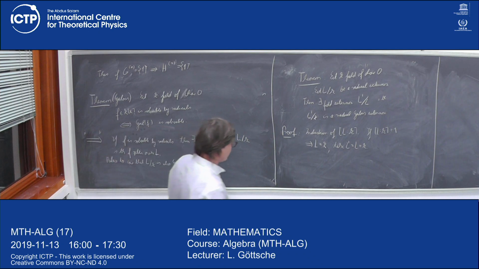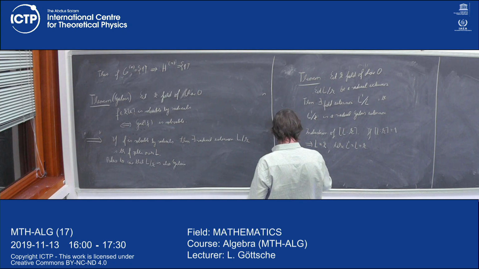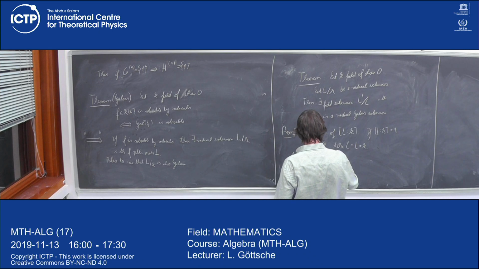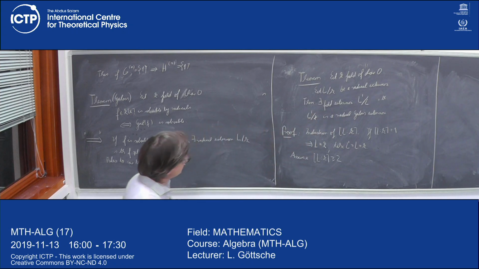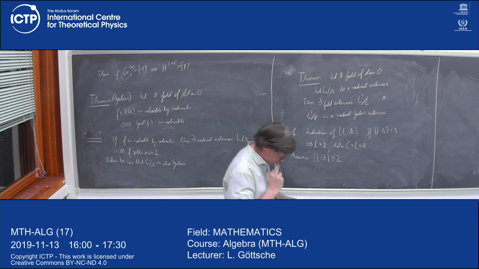So now we have to make the induction step, which is obviously much more difficult than this. So assume that the degree of L over K is bigger or equal to 2, and the claim is true for all radical extensions of smaller degree.